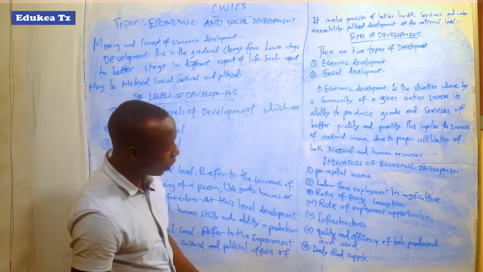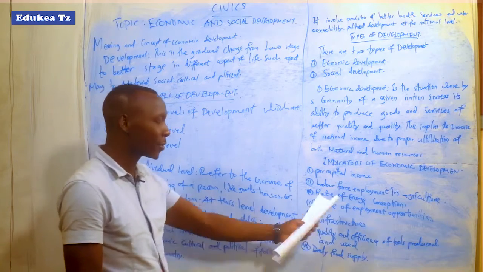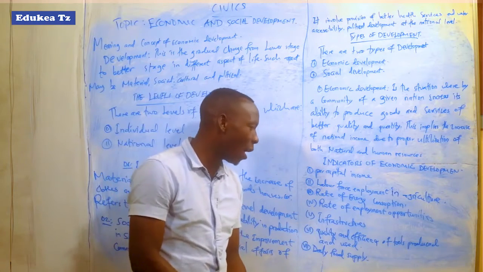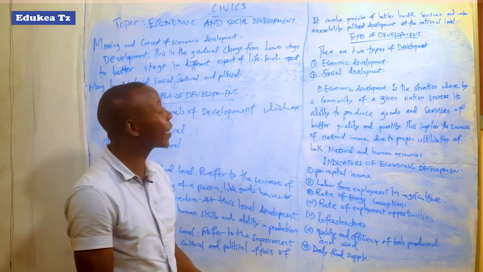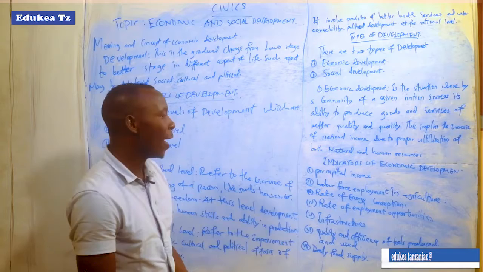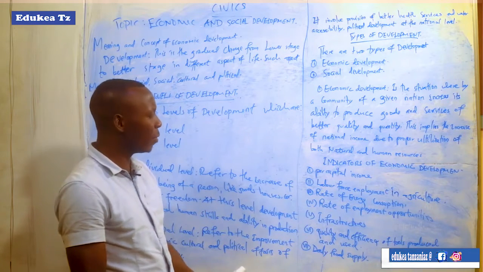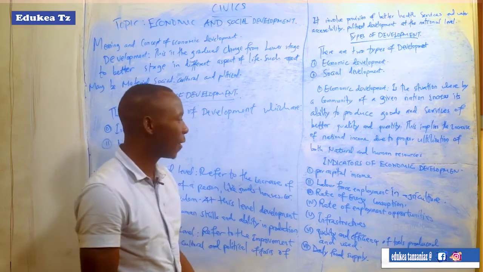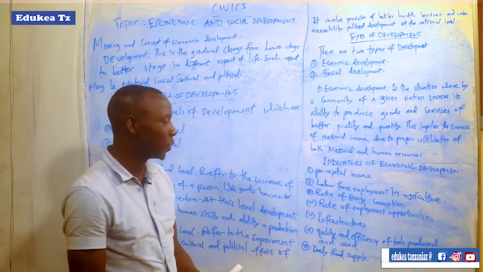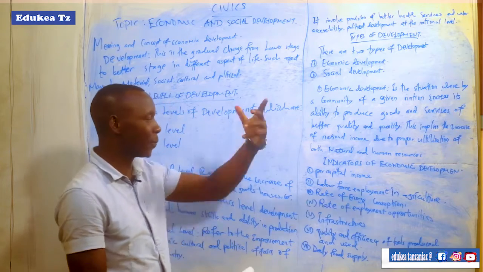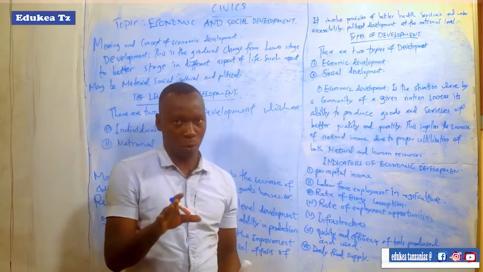The third indicator is the rate of energy consumption. This is used to show the difference between developed countries and developing countries. In most developing countries like Tanzania and other African countries, which are still in the progress of development, the energy consumption is very low.